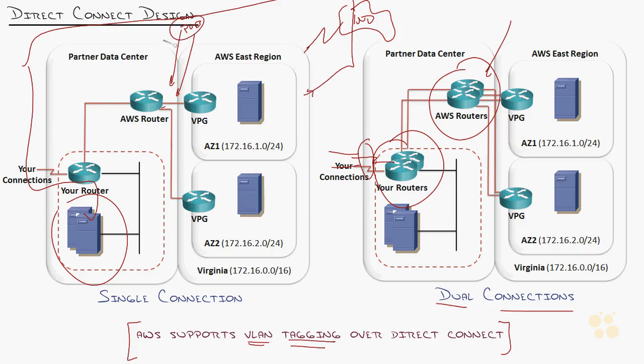So I could create my own little public VLAN here, feed that through, so the devices in this partner data center and my offices down here all end up going through this connection to reach the devices rather than the internet, even though I'm accessing quote-unquote public IP addresses. Then I could have private VLANs, and again, let your mind wander on how would I design this connection to be optimized with no limitations on VLANs.